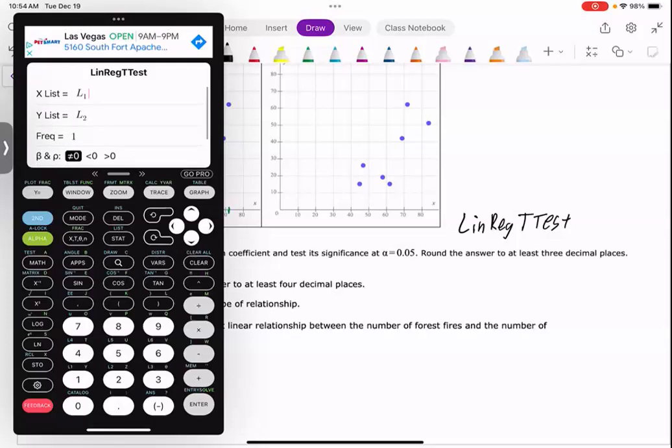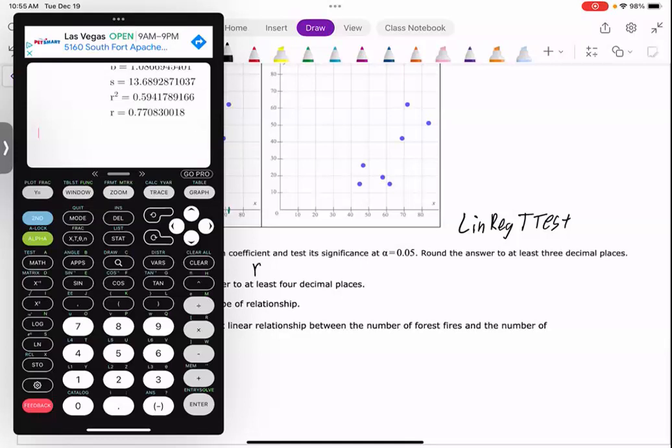And again, I'll have to change mine: L5, clear L6. And we're going to calculate. And you can see R right there. R is about 0.7708.